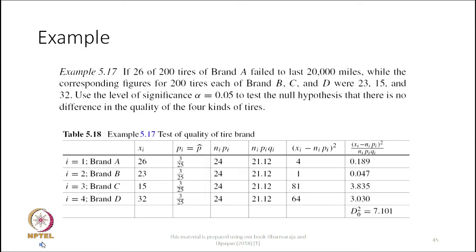As a simple example, we have given a problem, and the information is given nicely in the form of a table also. So, you can understand the example, and you can make sure whether you are getting the same result.